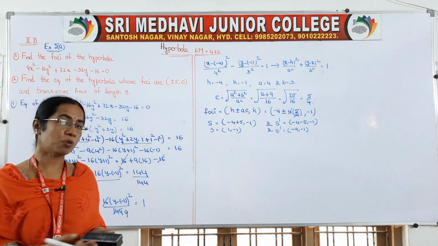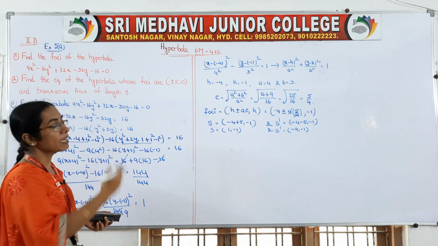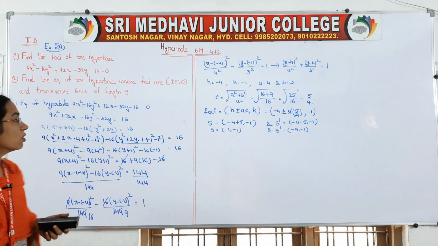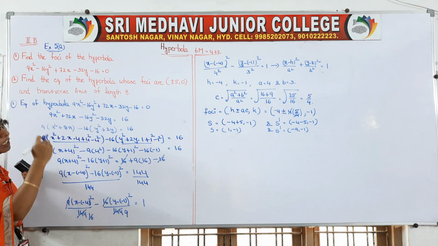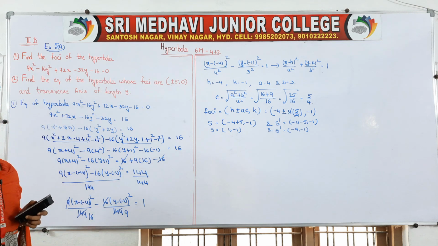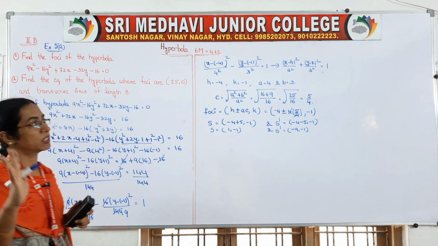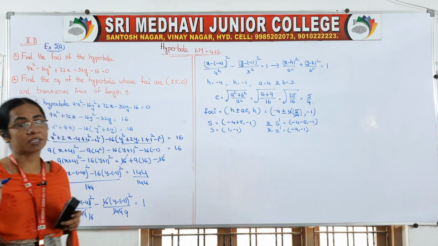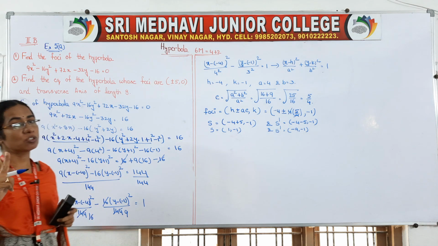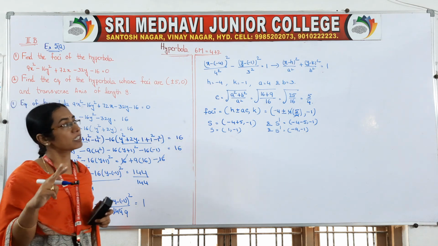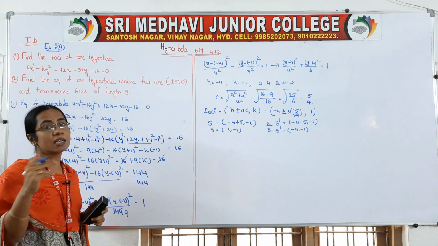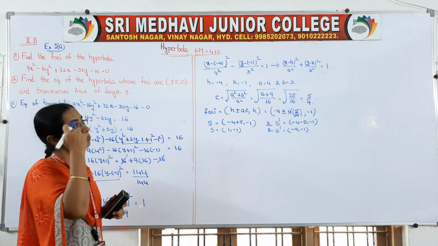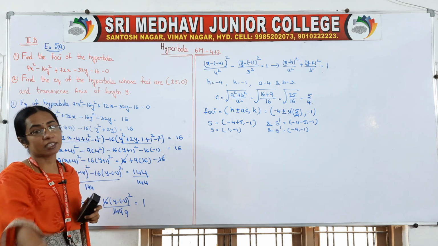Find the foci, plural, that means we have to find S and S dash values. Okay, so very simple, just reduce the given equation into any one of the 4 cases, right? We are having 4 types of hyperbola equations. The first 2 have the center at the origin, the next 2 have the center not at the origin, (h comma k) is the center, right? So here, when we converted, we got the third case.